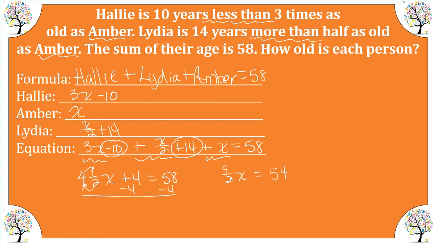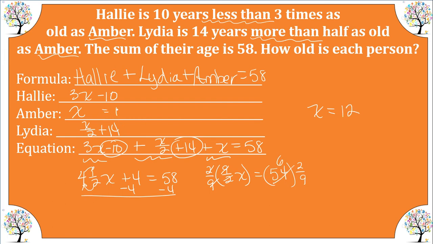Now we're going to multiply both sides by the reciprocal. So X equals 9 goes into 54, 6, and 6 times 2 is 12.